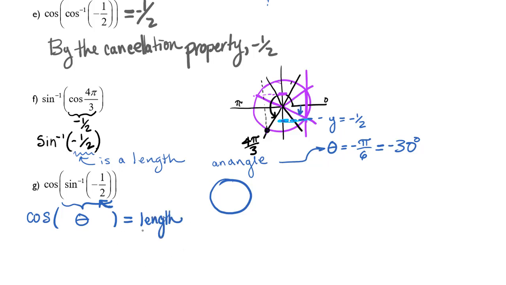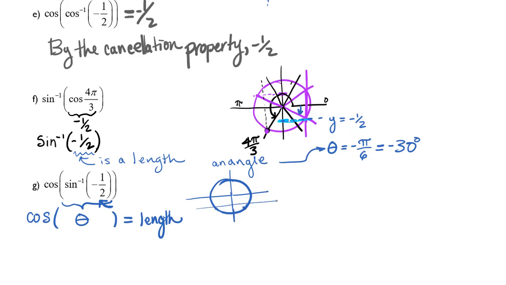So our goal is to find the length. But it's a combination of sine and cosine here. So first let's figure out what angle will give us a y value of negative 1/2.